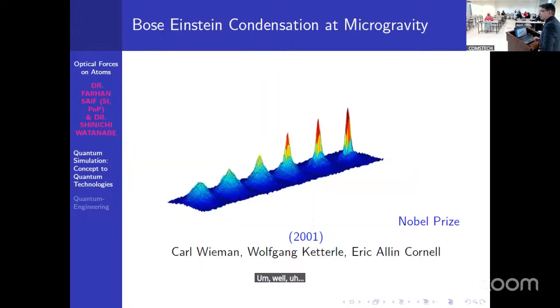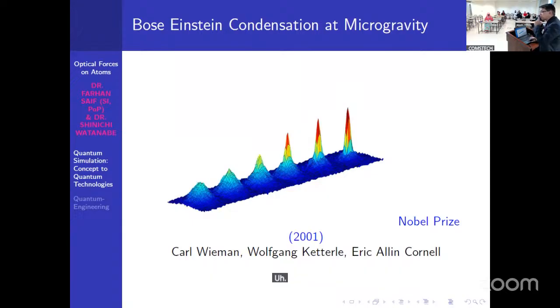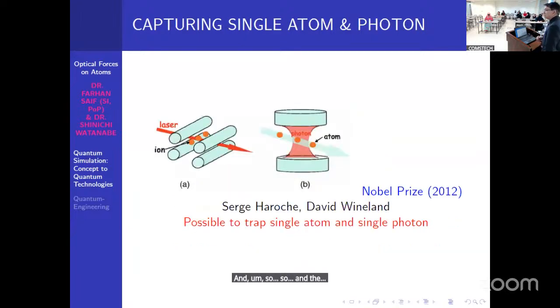These atoms, which are cooled to very low temperatures in the microkelvin and nanokelvin domain, have recently been realized in space, in microgravity. This is the latest work, published in 2018, and the advancement goes on in capturing atoms at very small scale.